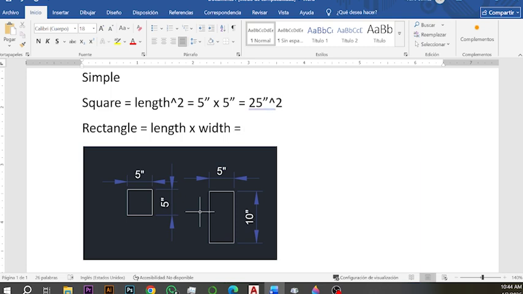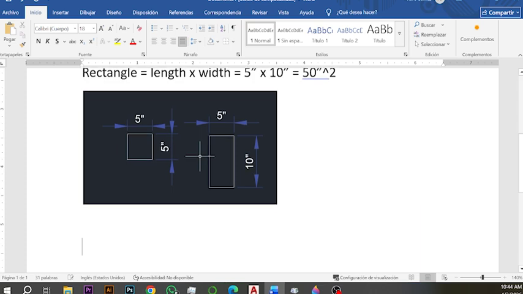For the rectangle, it would be 5 inches times 10 inches, and that equals 50 inches squared. So as you can see, the rectangle has twice the area as the square in this case.